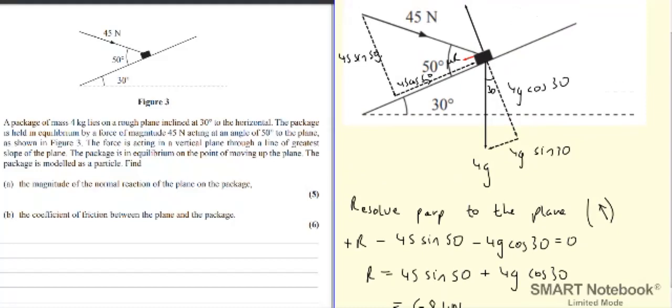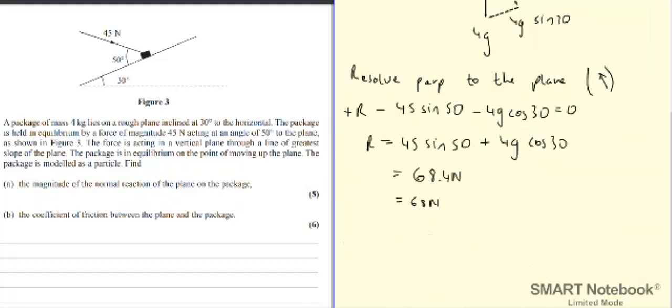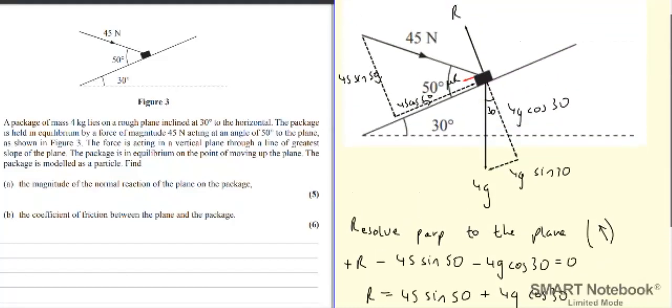You have a go at the next bit, if you haven't already. So if we look at this diagram, what we can see is we need to work out the coefficient of friction. We need to work out mu. Now that is acting parallel to the plane. Here's the plane, and mu R is acting parallel to the plane.